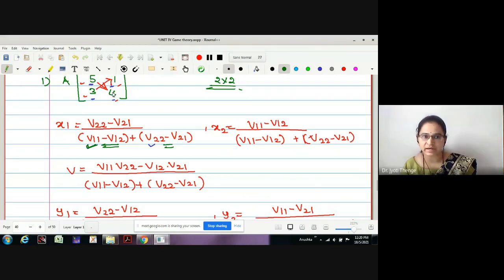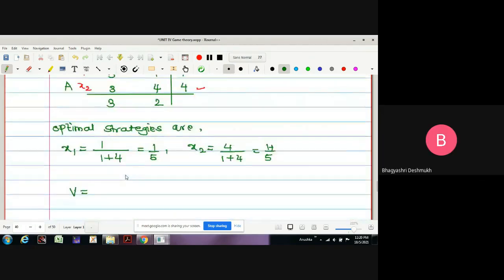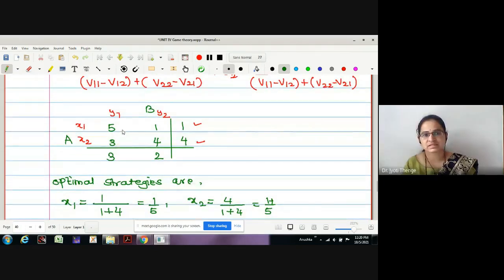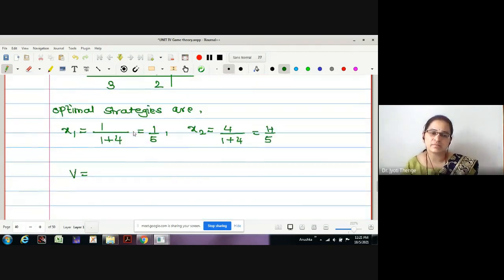This diagonal entry minus this diagonal entry, as if we were finding the determinant of this matrix. Yes, it is 17 upon 5. This is 5 into 4, 20, minus 3 into 1, 3, so 20 minus 3. And the denominator is again 1 plus 4. Therefore, the value we will get is 17 by 5.